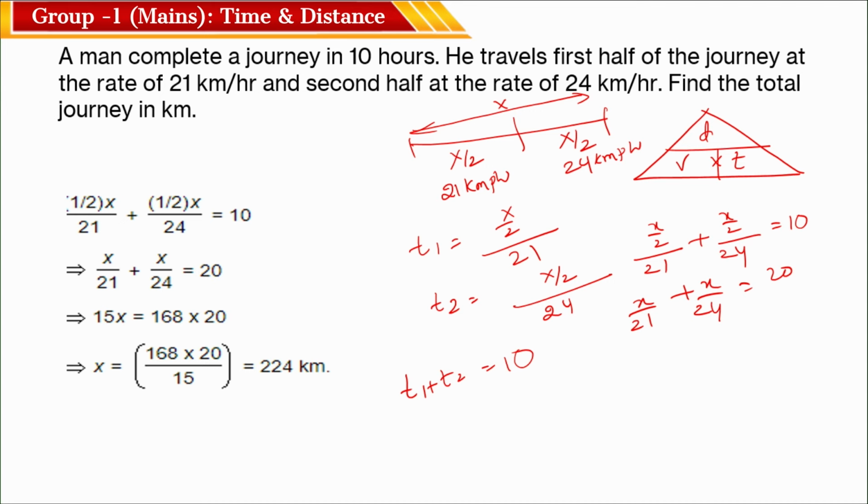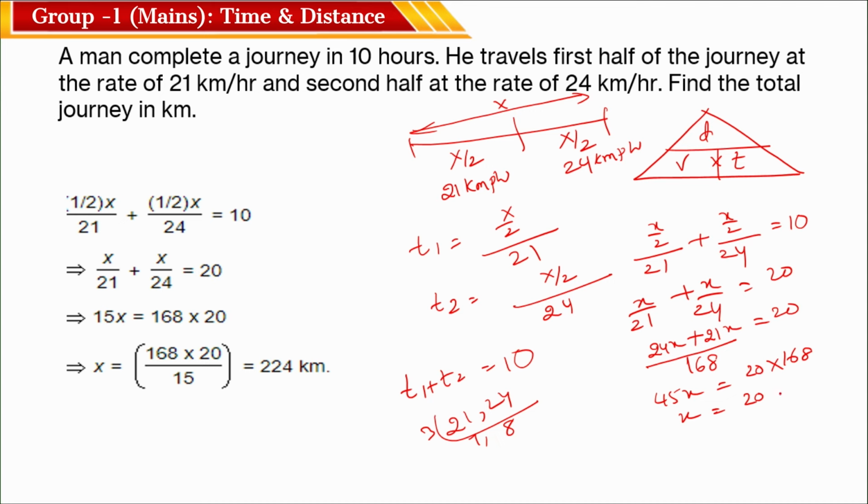So you have to find the LCM of 21 and 24. 21 is 3 sevens, 24 is 3 eights, so the LCM is 3 into 7 into 8, that is 168. So it becomes 8x plus 7x, that is 15x, equal to 20 into 168, or x is equal to 20 into 168 by 15.